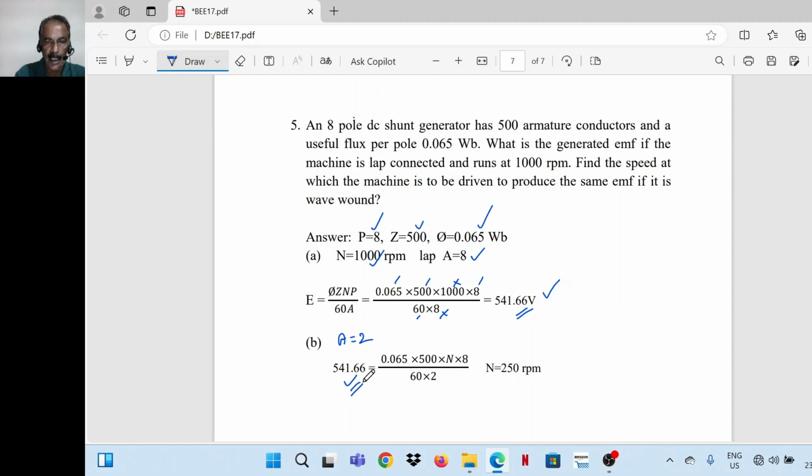To produce that, what is the speed at which the machine is to be driven? So 541.66 is equal to ΦZN, N is to be found out, P is 8 divided by 60A. A is 2 because it is a wave wound machine. So solving, N is equal to 250 RPM.